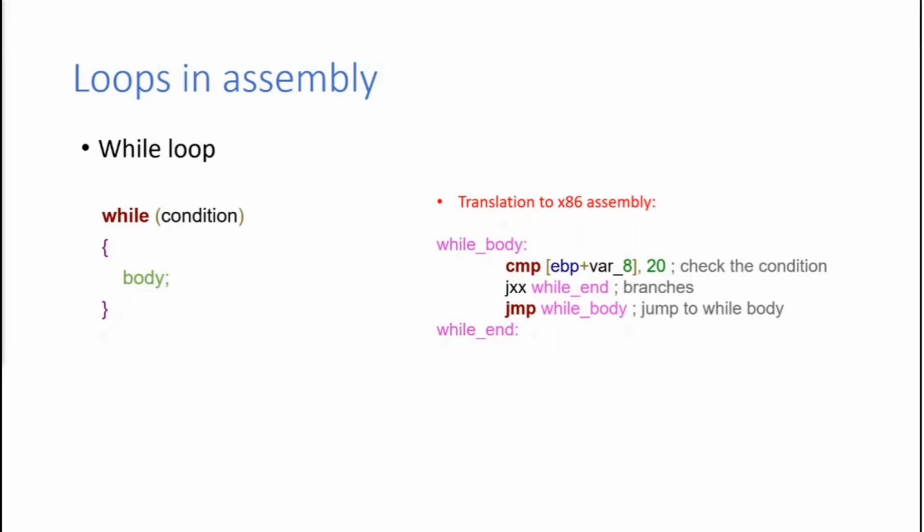If not, the unconditional jump jumps to the while body and continues to loop within the body. The JMP instruction provides a label name where the flow of control is transferred immediately. As we can see, the JMP instruction is followed by a label called while body. It jumps to the while body and loops within it.